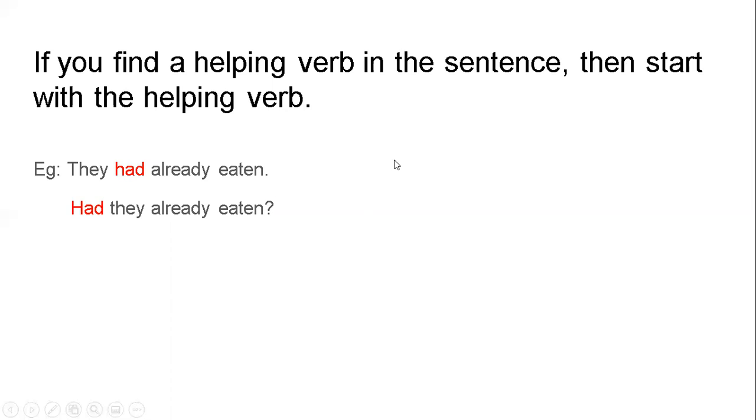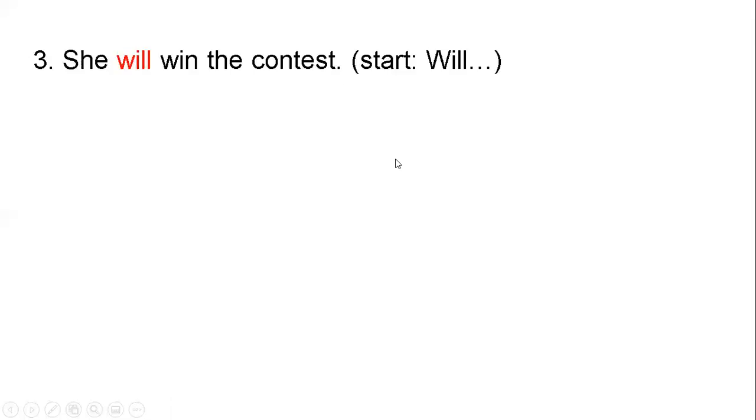Let's see if you got this rule. She will win the contest. Start with the word "will". Try it. If you get it right, that means you understood the second rule very well also. Okay, so you have to write "will" first, and then what will you write?